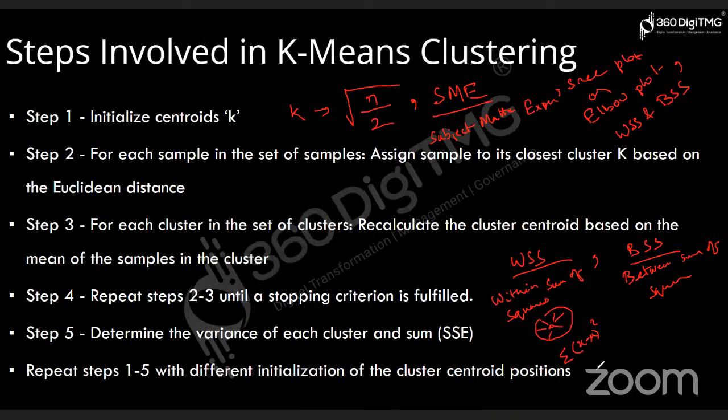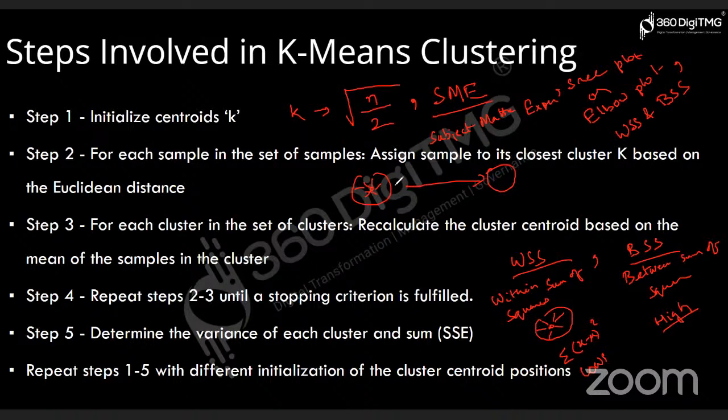So within sum of square should be as low as possible. If it is not lower than BSS, then this point will jump to the other cluster. Similarly, BSS should be as high as possible. WSS is the inside-cluster distance, and BSS is the distance from one cluster to a different one.